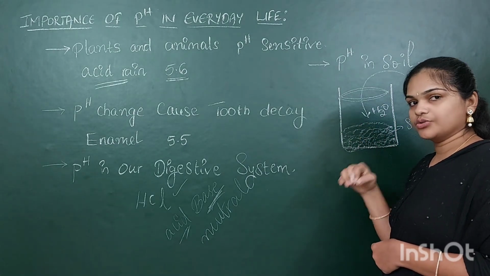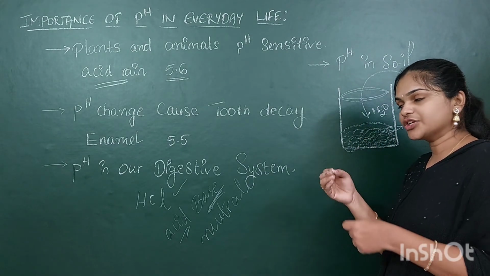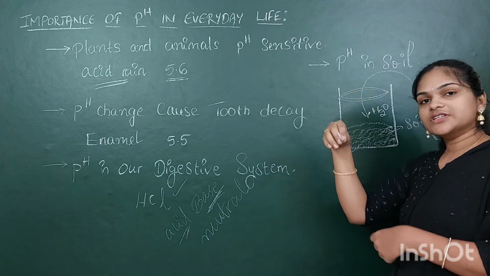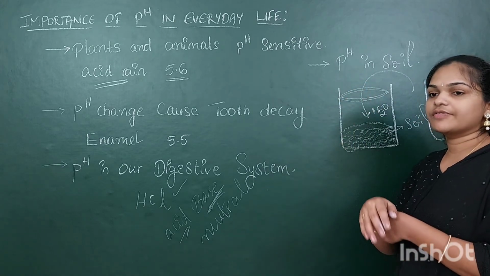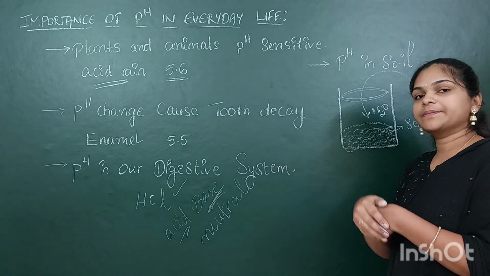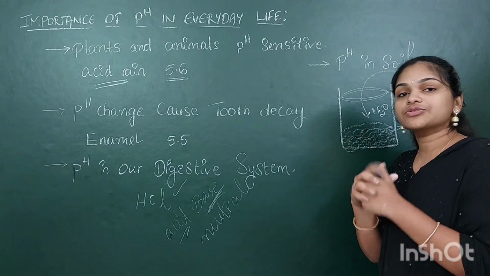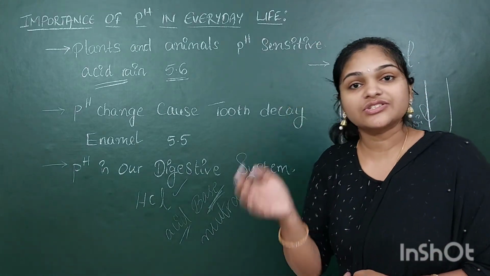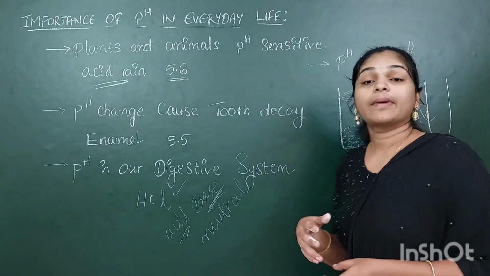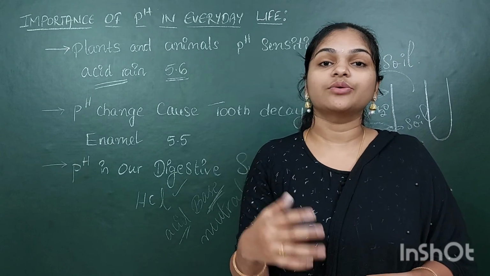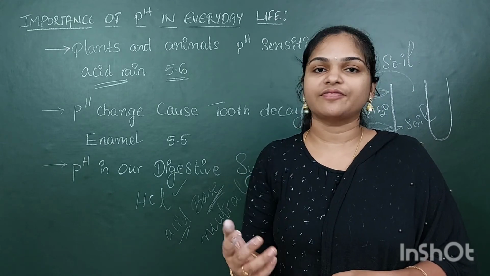In that filtered solution, dip a universal indicator or pH scale. You are going to get a pH value, and based on that pH value you can know the strength of the soil. By knowing it, you can use the best fertilizers.